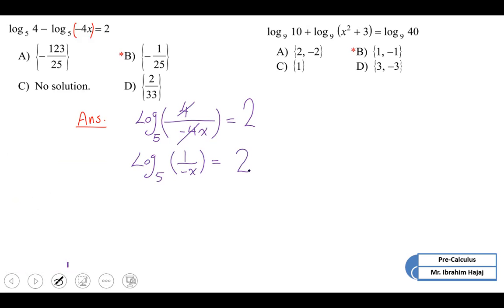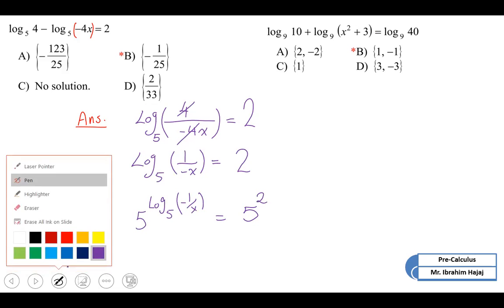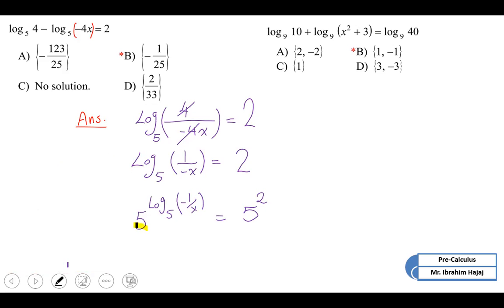To solve this equation, we should exponentiate each side with a base of 5, like this: 5 to the power of log base 5 of negative 1 over x is equal to 5 to the power of 2. Since the bases are equal, the exponents are equal.